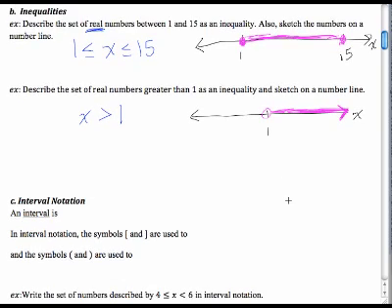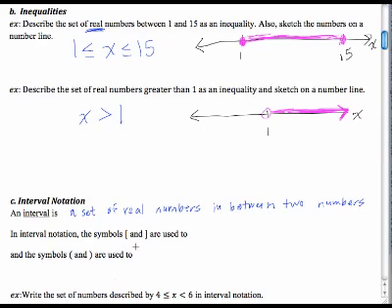Another notation type that's commonly used, and you'll use a lot in WebAssign, is interval notation. An interval is a set of real numbers that are in between two numbers. It's an interval from one point to another.